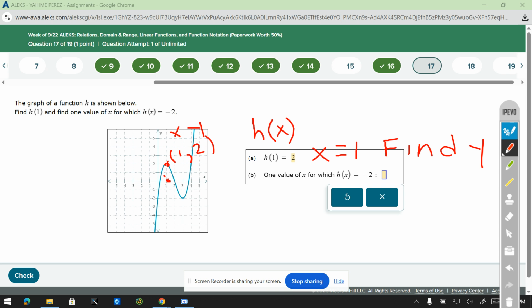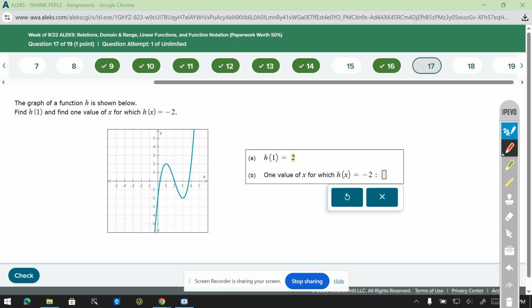Okay, now they said find x for which h of x is equal to negative 2. So just keep in mind that the f of x, or in this case h of x, is y. They're saying y is equal to negative 2. Find x. So find x when y is equal to negative 2.